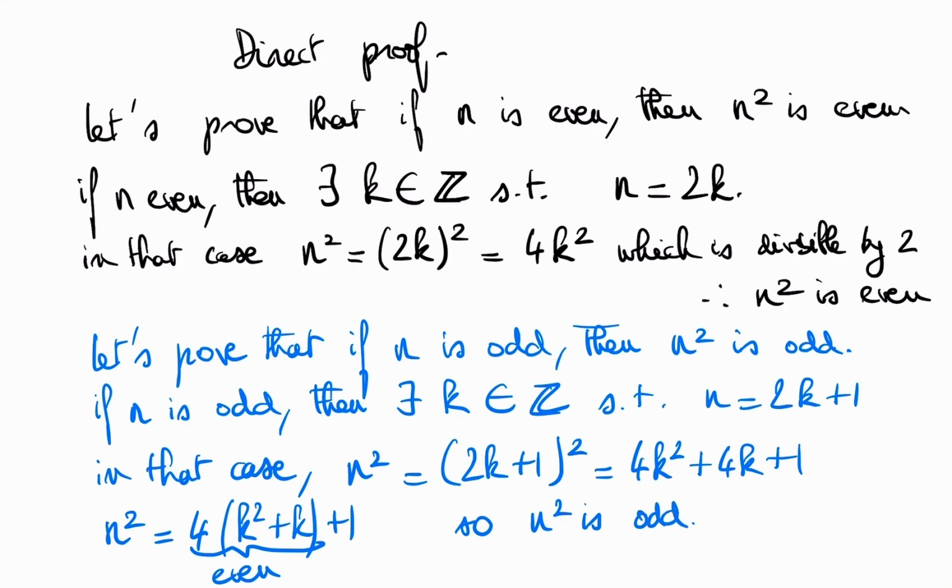So we proved that if n is even, then n square is even, and if n is odd, then n square is odd. That's an example of direct proof.